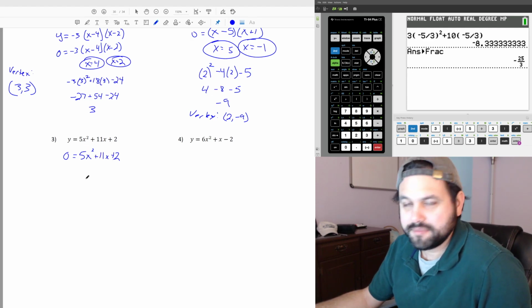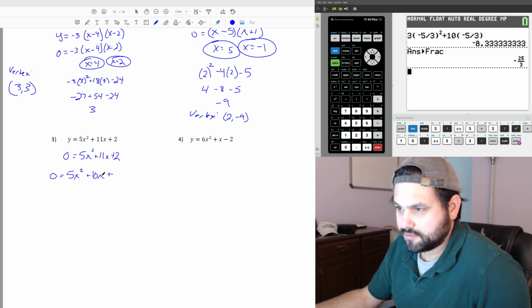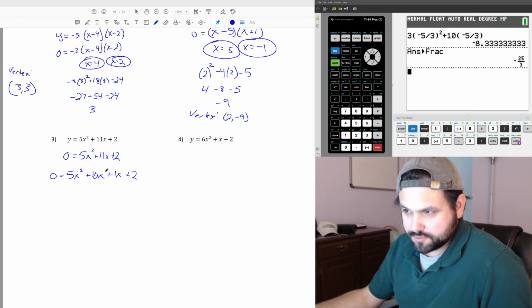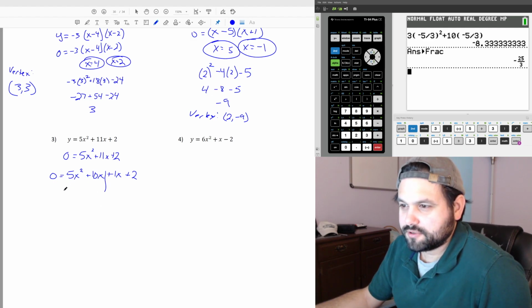So that would be 10 and 1. So split that 11x into 10x plus 1x. Now this is where we kind of split it down the middle, factor both sides.